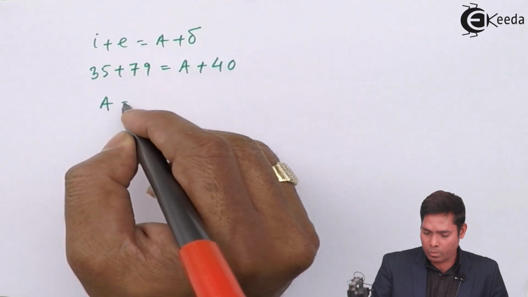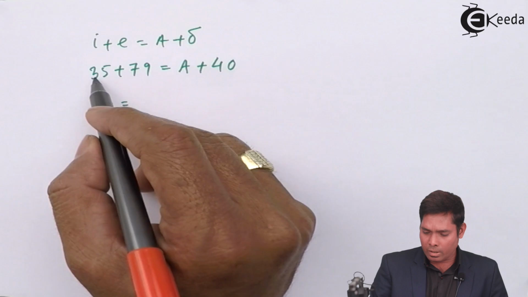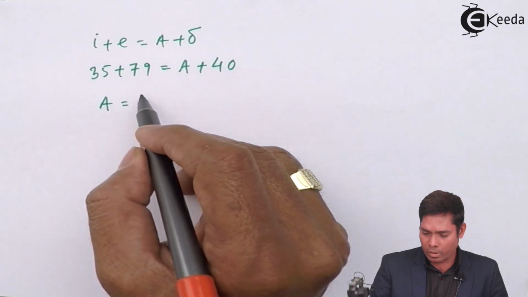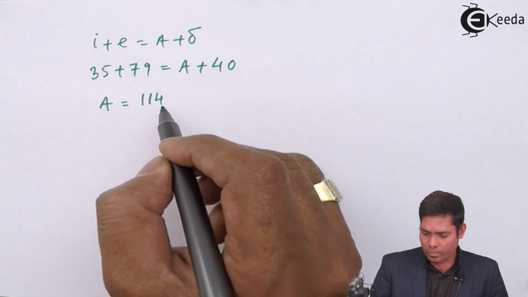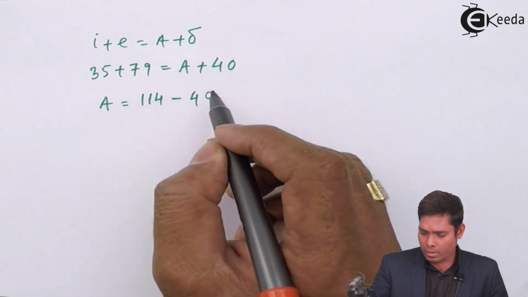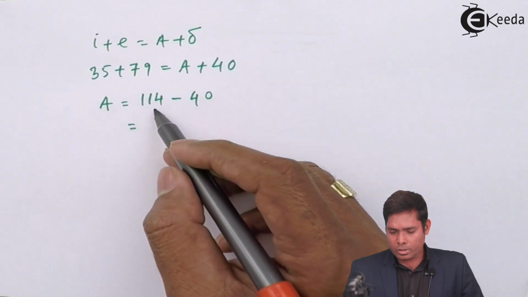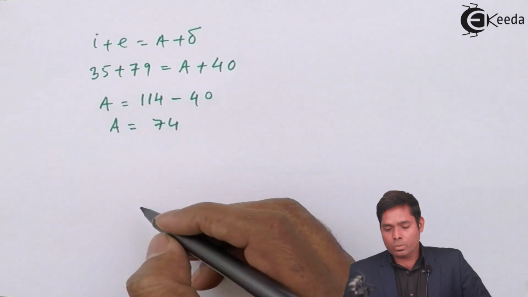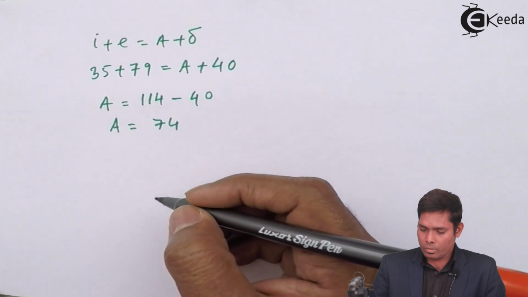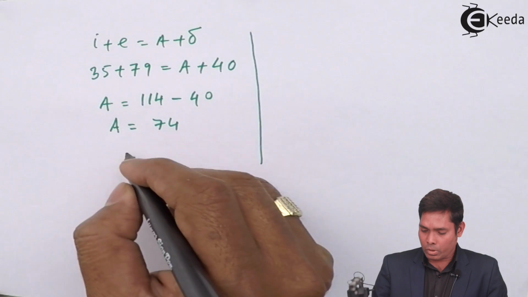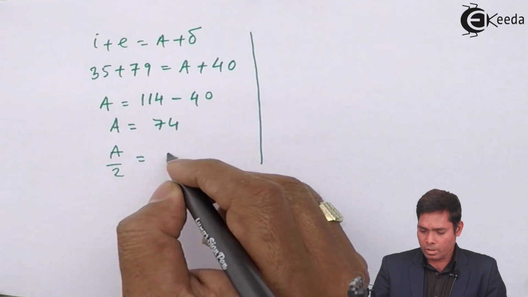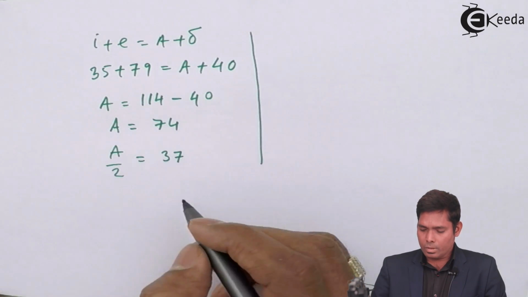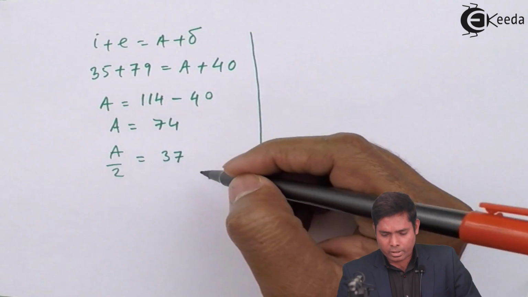So from here A equals 35 plus 79, which is 114, minus 40, this comes out to be 74. A comes out to be 74. So when you require A by 2, it will be 37. These are in degrees.